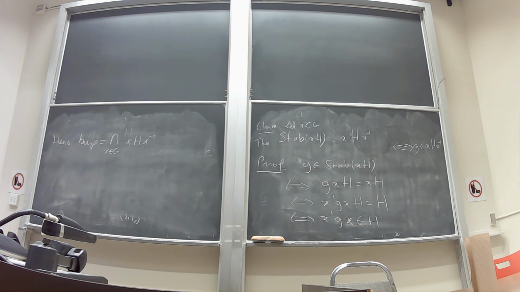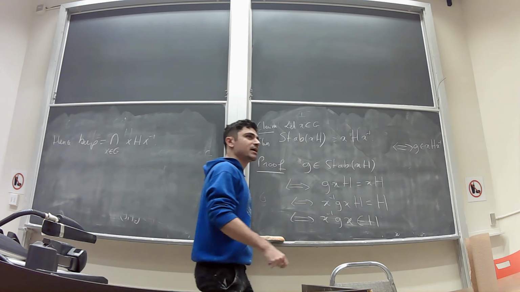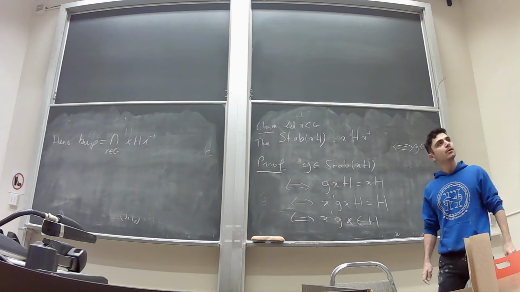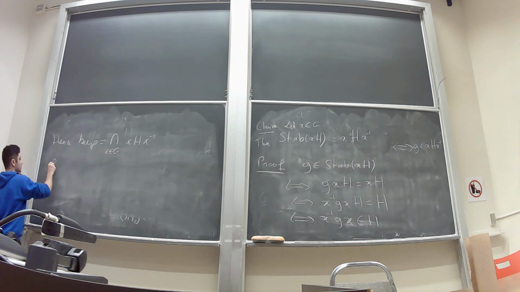Now, what are the properties of this? This is a normal subgroup, of course, but what is the index of the kernel of rho? It is G modulo the kernel of rho.